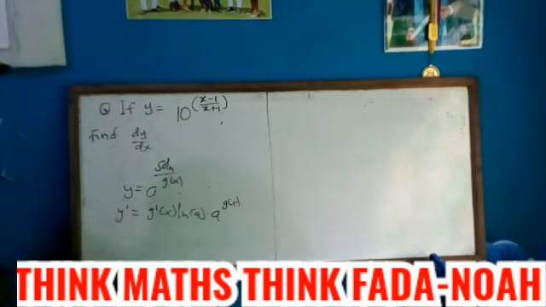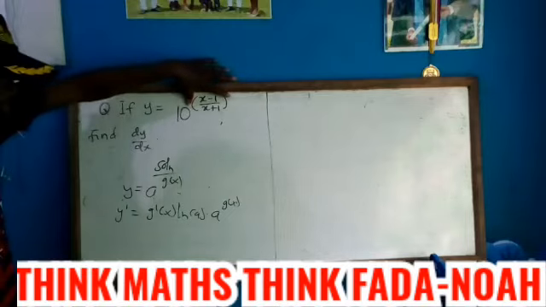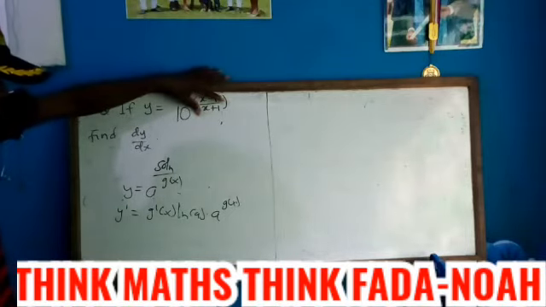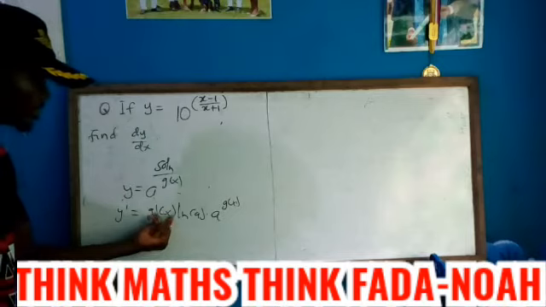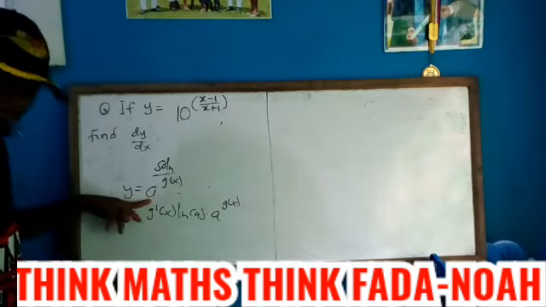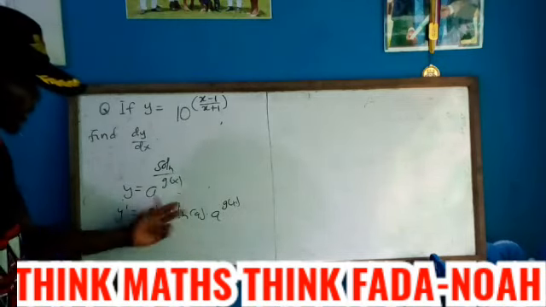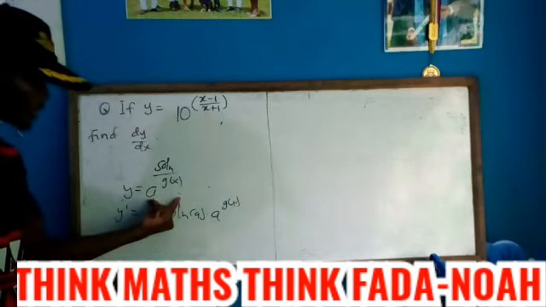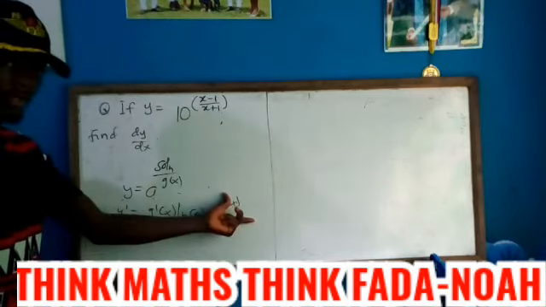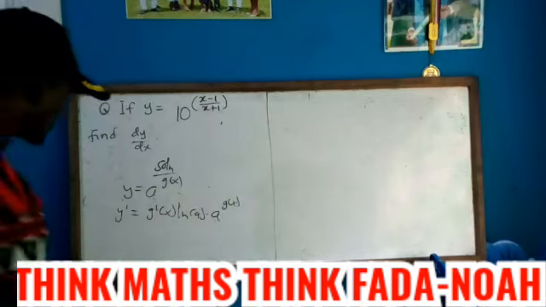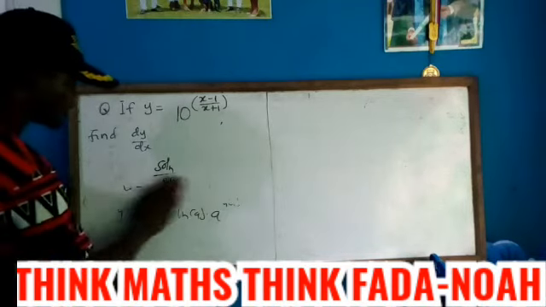Alright, so this is the rule that you are going to use. You pick up your g of x, which is (x minus 1) over (x plus 1), you differentiate it, you write ln of the constant, which is a, times the original function, which is a exponent g of x. Alright, so let's proceed.